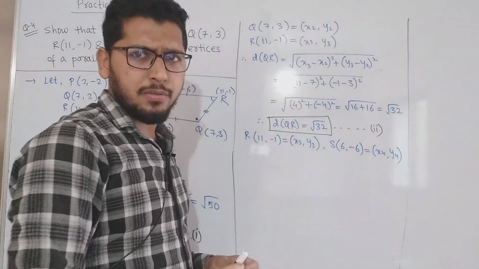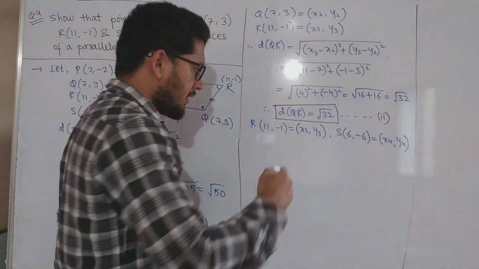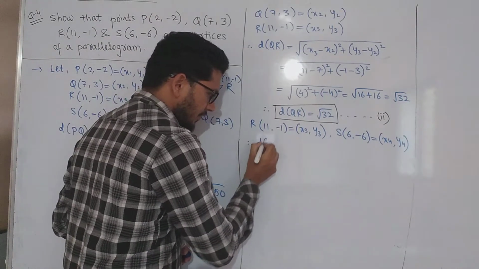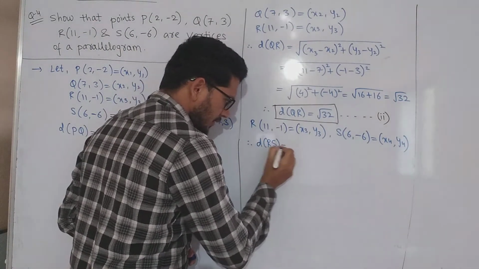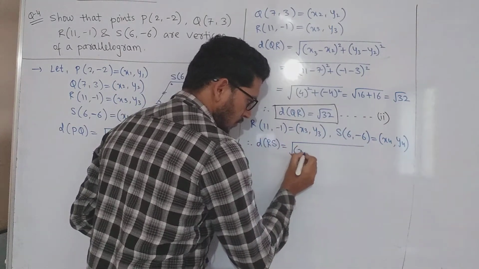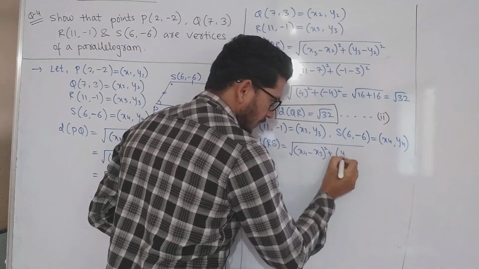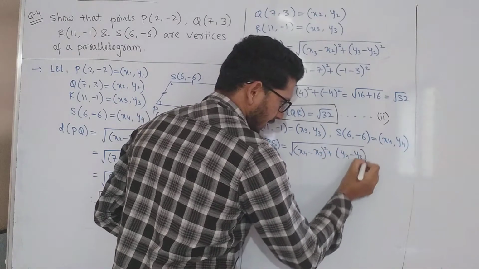Now we will write the formula here. So how will you write the formula? Therefore distance of RS is equal to under root of (x4 minus x3) whole square plus (y4 minus y3) whole square.